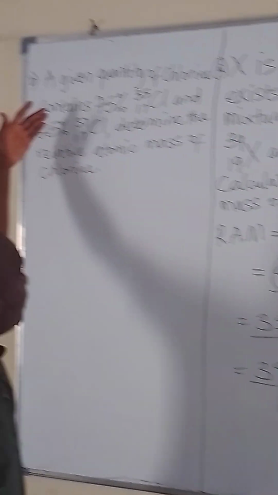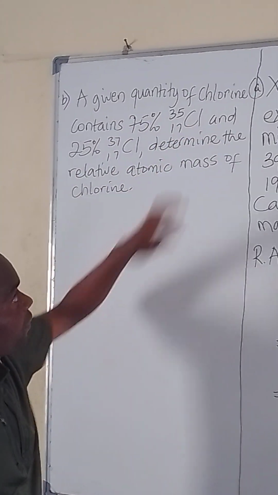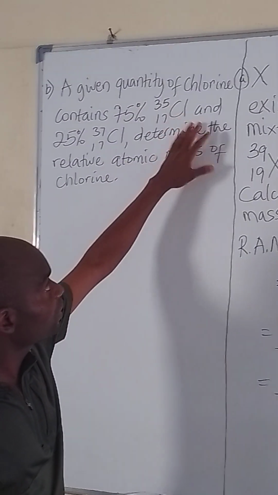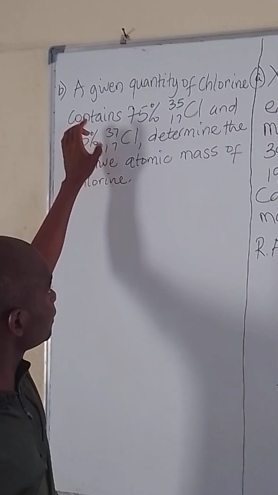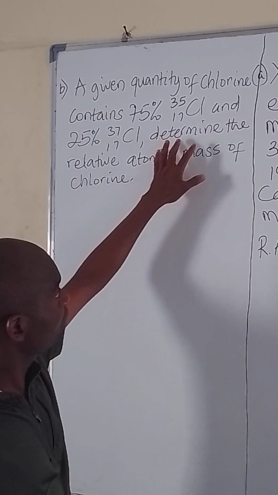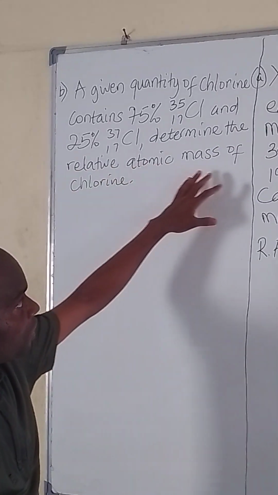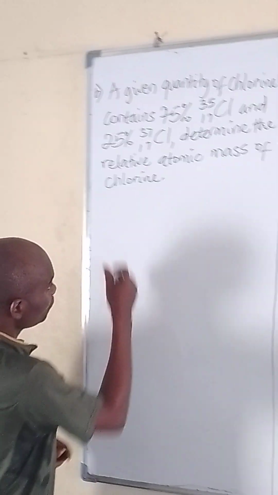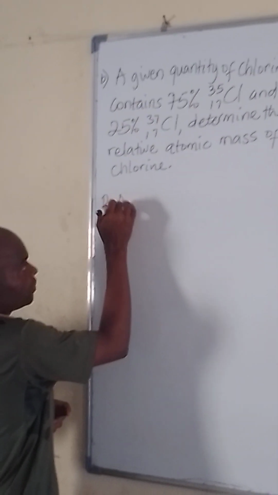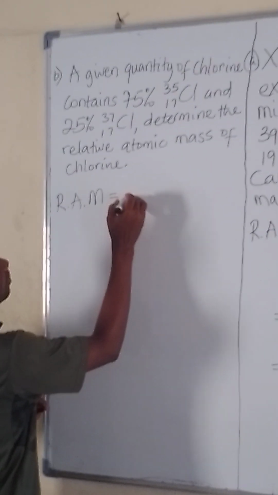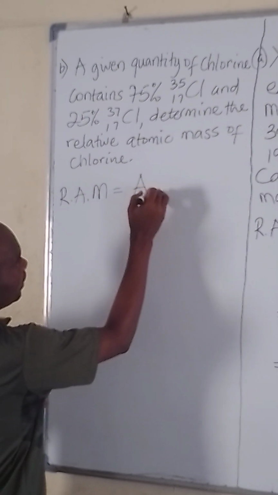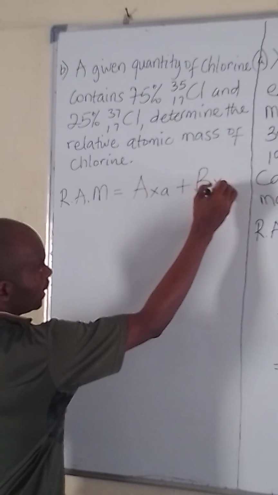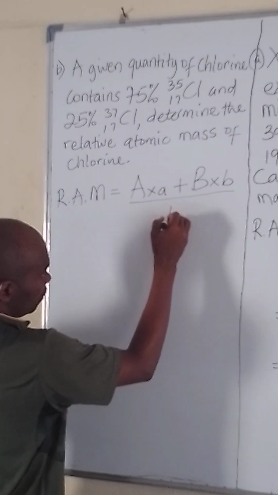We take the second example. A given quantity of chlorine contains 75% chlorine 35 and 25% chlorine 37. Determine the relative atomic mass of chlorine. So still using the same formula, we have relative atomic mass equal to capital A times small a plus capital B times small b all over 100.